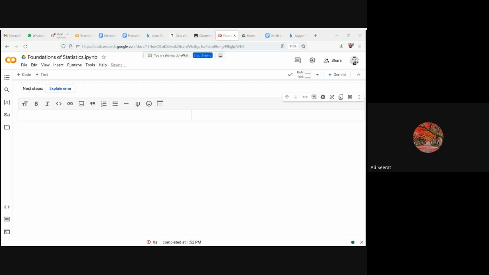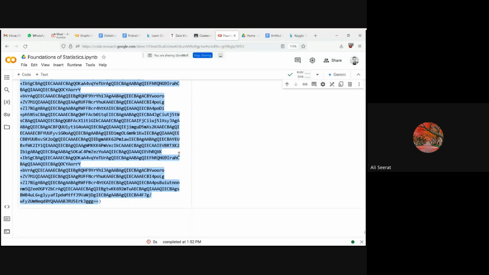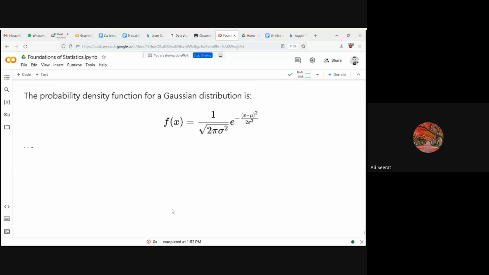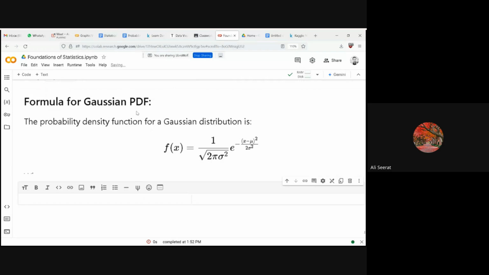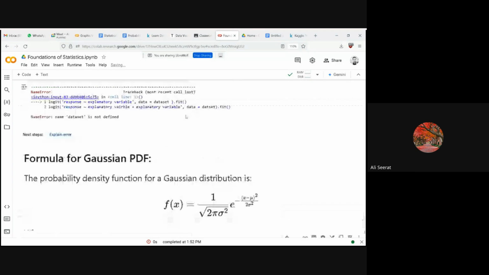This is the formula for the Gaussian. This formula is a bit difficult. Gaussian PDF, they'll call it. What's Gaussian PDF? Just let me write it here for you.